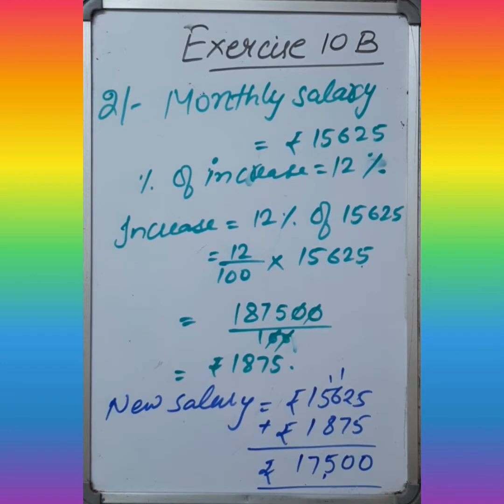Now come to question number 3. The excise duty of a certain item has been reduced to rupees 760 from 950. Find the reduction percentage in the excise duty of that item.